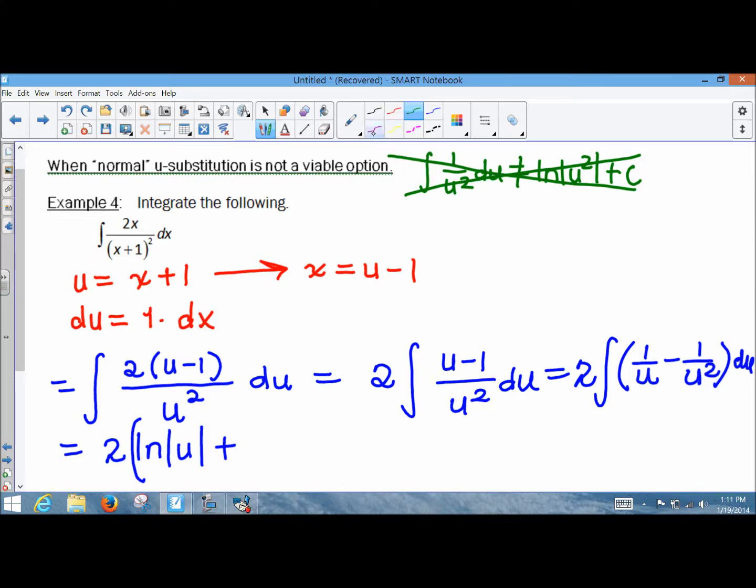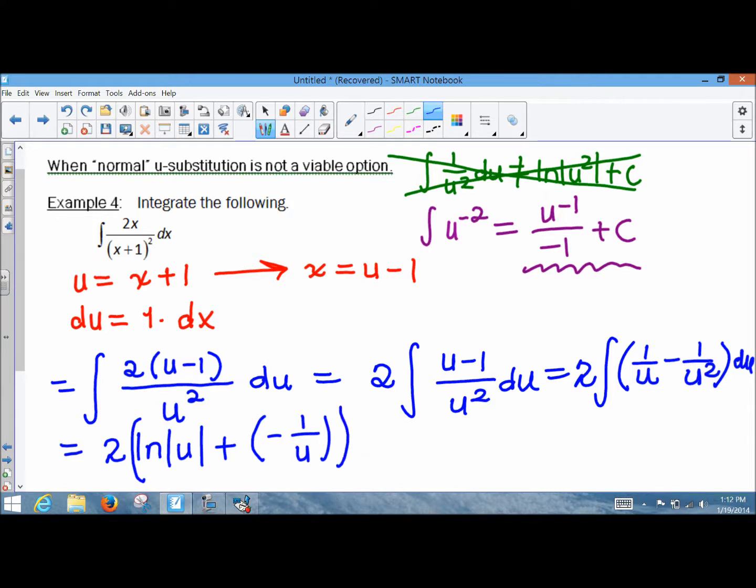Instead, in this particular instance, when you integrate 1 over u squared, that's u to the negative 2. So you would just add 1 to the exponent, placing it also in the denominator. This is kind of what we're wanting to put down here. And we could also rewrite that a bit as negative 1 over u if we decide to do so.